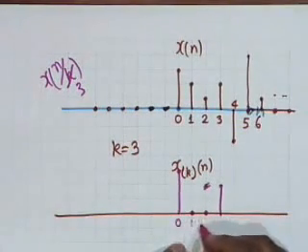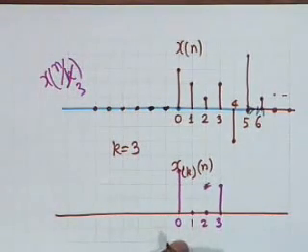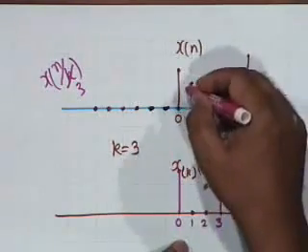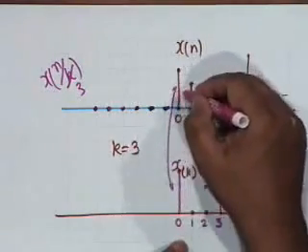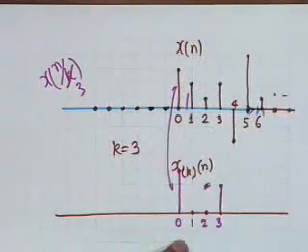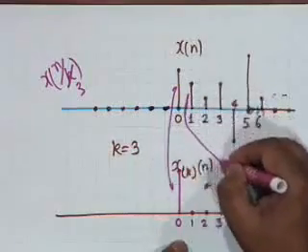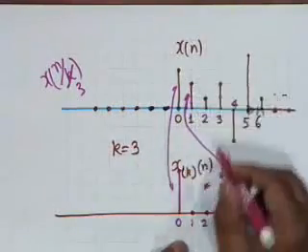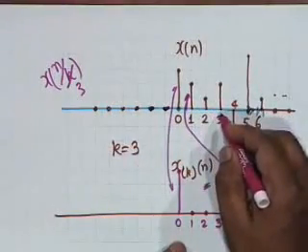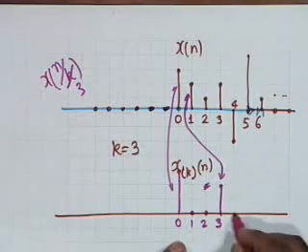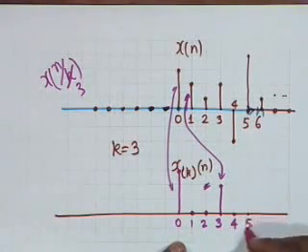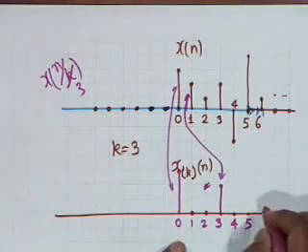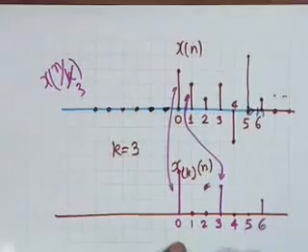This is 0, 1, 2, 3. So 0 comes here, 1 comes not at 1 but at 3. Similarly, 2 will come at 6, and therefore 4 and 5 shall be 0. At 6 we shall have this.